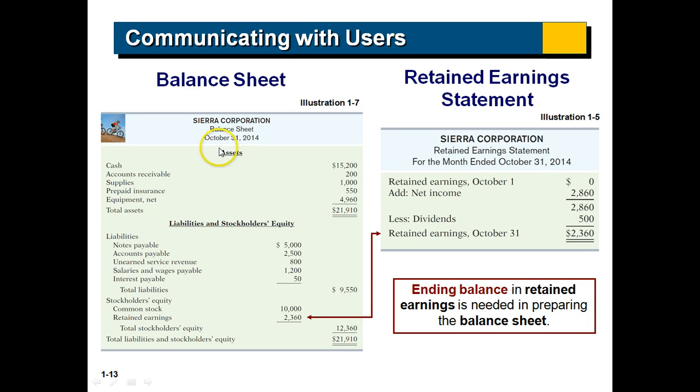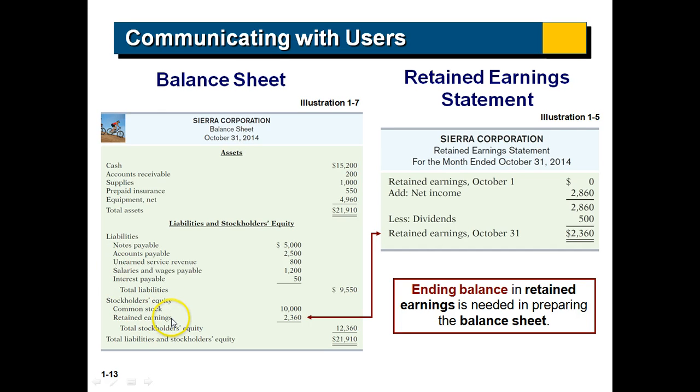So we have our big three: assets, liabilities, and stockholders' equity. So assets, we list those out, add them up. Notice there's two lines at the bottom. Liabilities, we list those out, add them up. Stockholders' equity, there's usually two: common stock, which represents stock that has been issued to shareholders, and retained earnings.